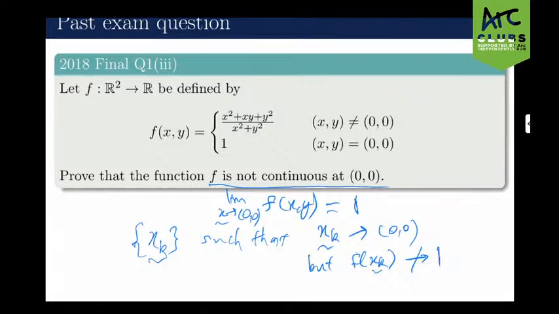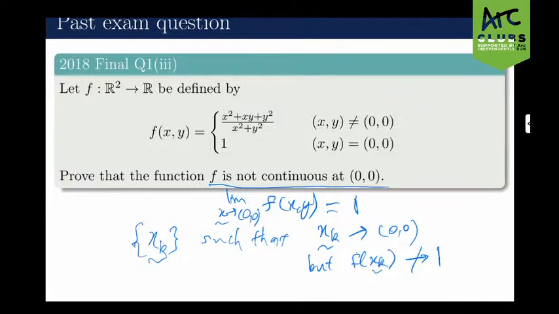Because if it is continuous, then no matter what sequence I have, as long as the sequence goes to 0, 0, f of xk should go towards 1. So I just need to find a counterexample to show it is not continuous at 0, 0.